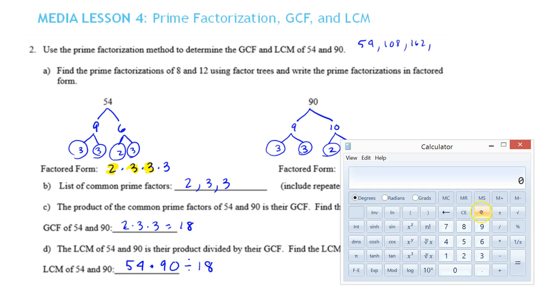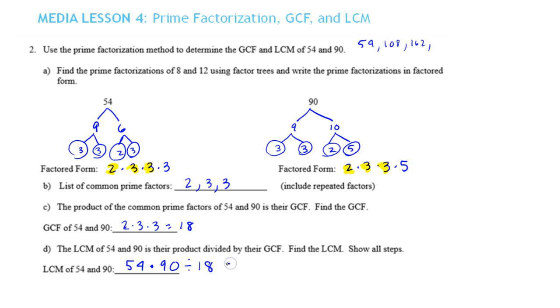So let's do this on the calculator. 54 times 90 equals 4860, divided by 18 equals 270. That's a pretty big least common multiple. We would have had to list 2 more multiples in this list just to get to that, and it would be a little bit tedious. So we got that relatively quickly by using this method.